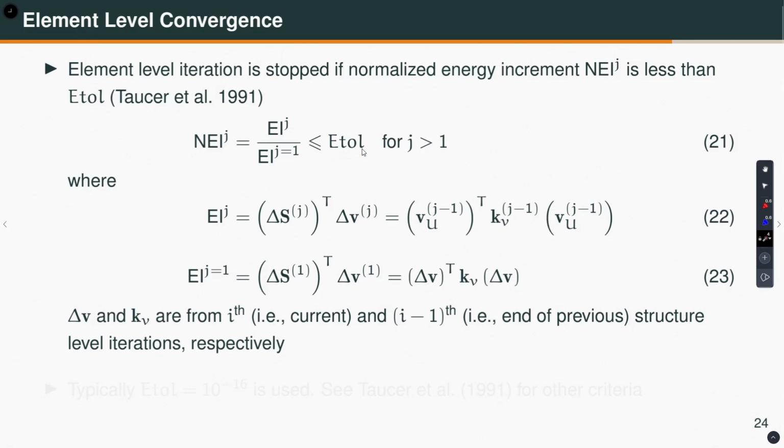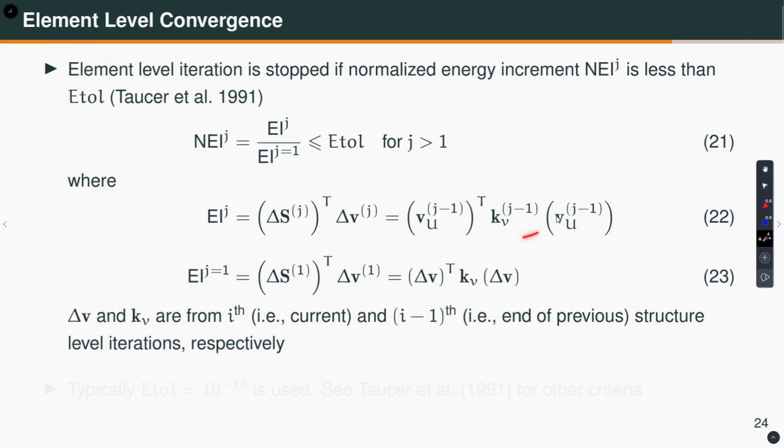Typically, I will show you the tolerance value in just a little bit, and then this one I compute as the incremental element force vector for the jth iteration transpose the incremental deformation vector for the jth iteration at the element level. Now, this too I can rewrite like this, where this is the negative of the unbalanced element end deformation from the previous iteration, and this is equal to that quantity, okay, which we have seen earlier.